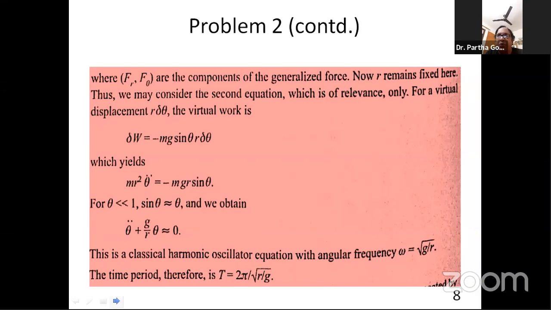So going over to the second equation, I get m r square theta dot equal minus... Sir, please unmute yourself. Could you please unmute? Yes.